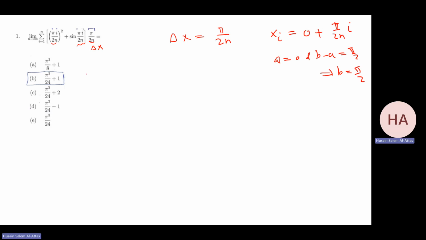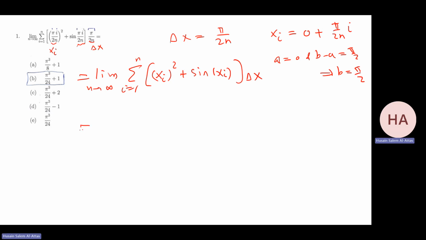Okay, so this one I can rewrite it. Limit n goes to infinity, summation i equals 1 to n, I have xi square plus sine xi times delta x.